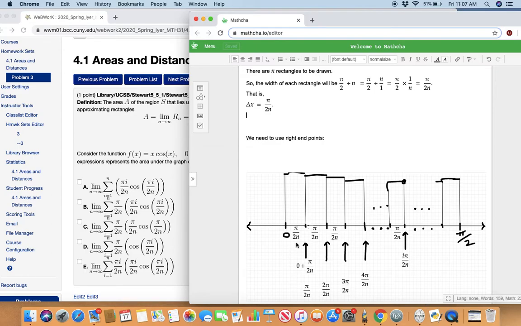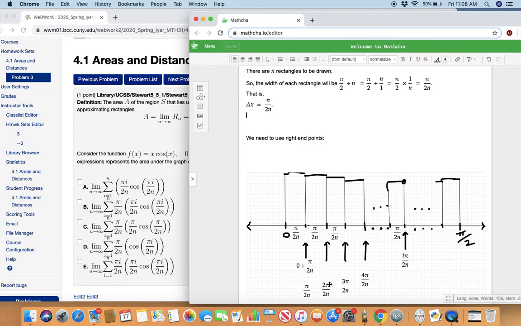Now, what is the first cut point? It is 0 plus pi over 2n. That is pi over 2n. What is the second cut point? 0 plus 2 times pi over 2n, so 2 pi over 2n.